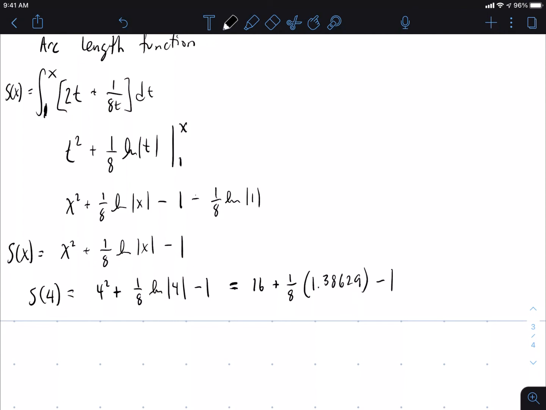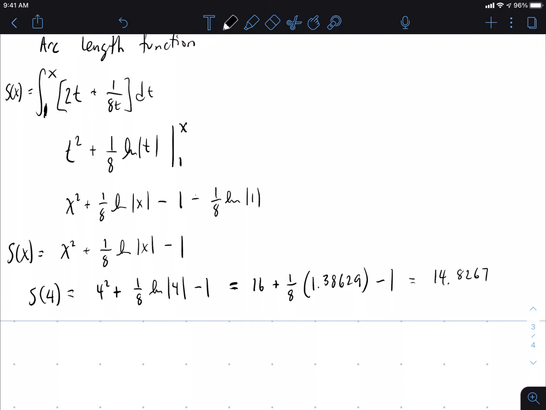And then minus 1, so let's see what that ends up being. 16 minus 1 divided by 8. ln 4 minus 1. Did you guys get 14.8267?